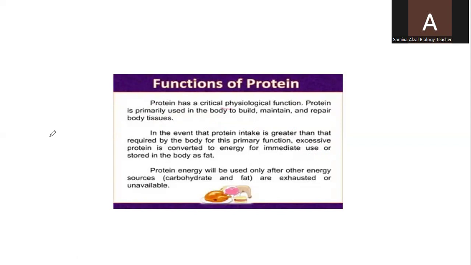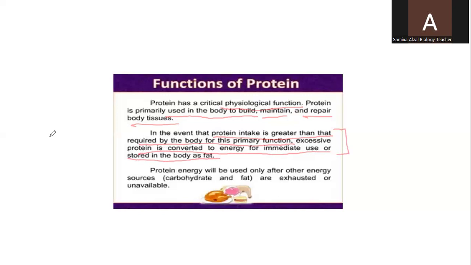Proteins have a critical physiological function. Protein is primarily used in the body to build, maintain, and repair body tissues. Damaged tissues are repaired with the help of protein. And if protein intake is greater than that required by the body for this primary function, excessive protein is converted to energy for immediate use or stored in the body as fats.